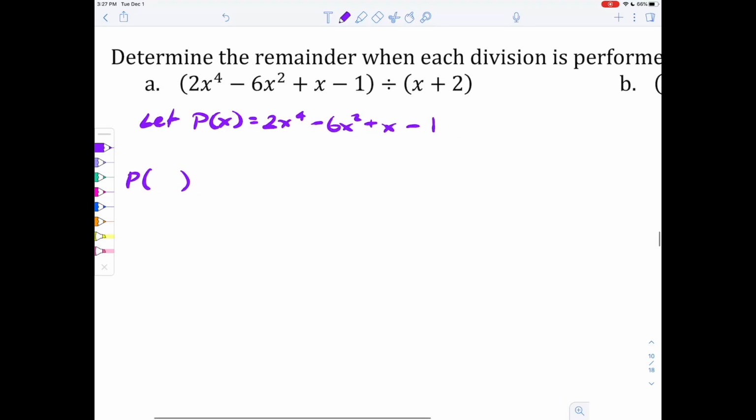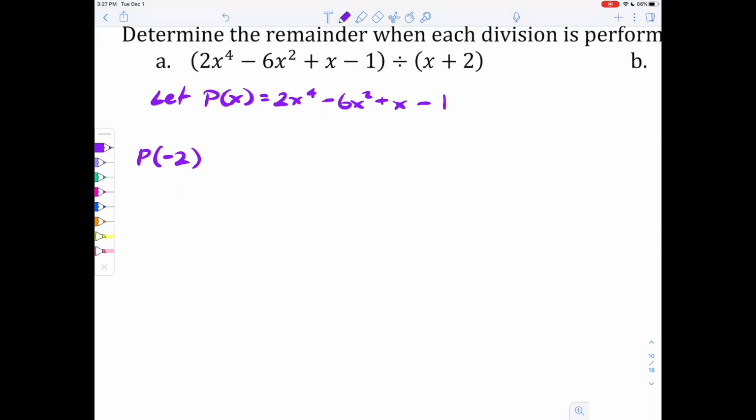Now, the remainder theorem applies when we have x minus a. What would a have to be in this case that we're dividing by x plus 2? a would be negative 2. So that's worth noting. And if a is negative 2 and we're taking p of negative 2, we can plug that in and see what we get.